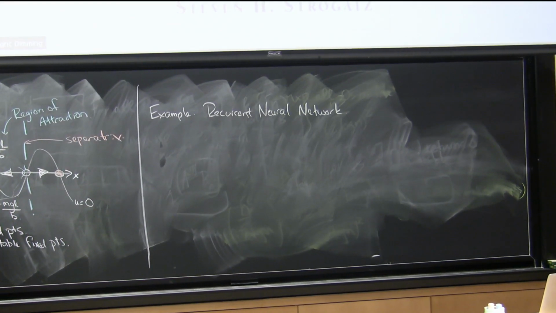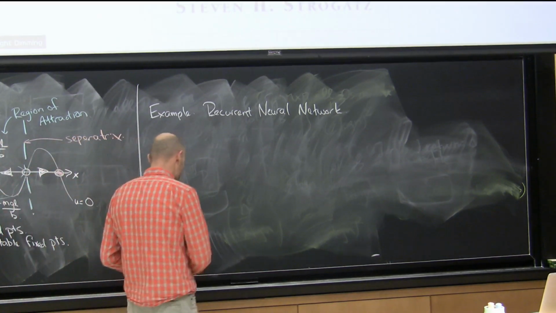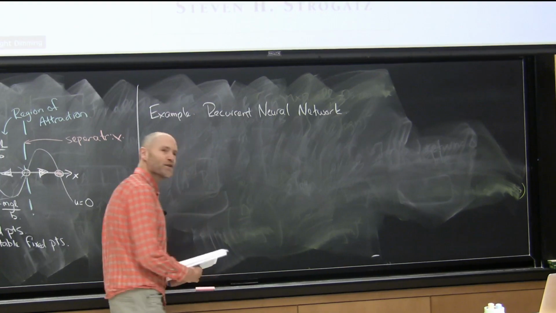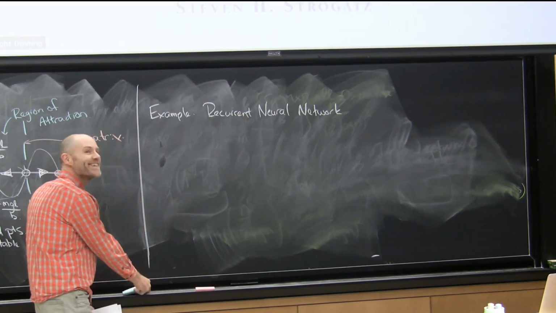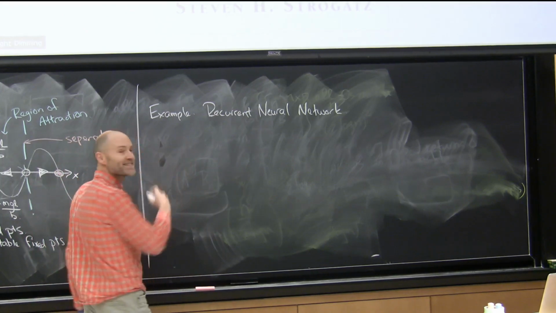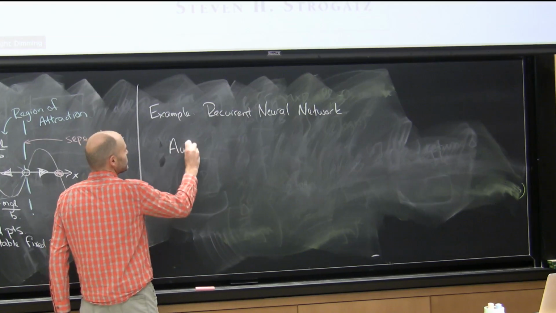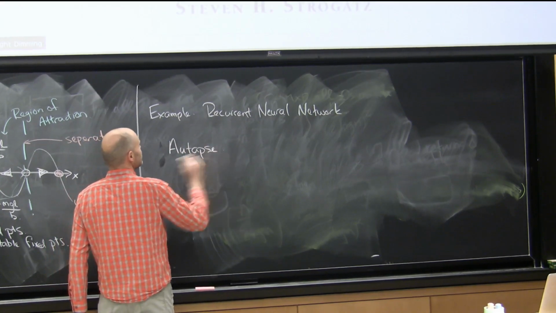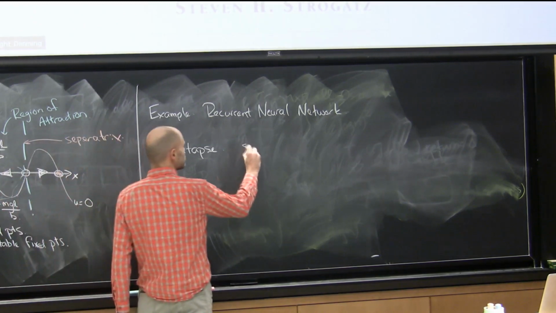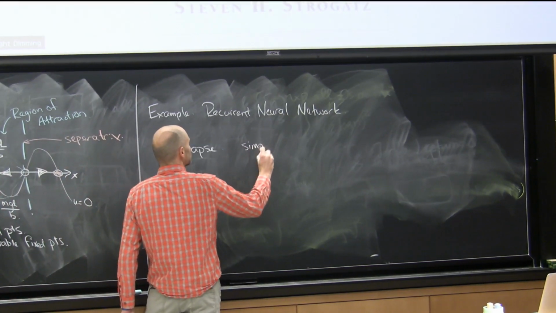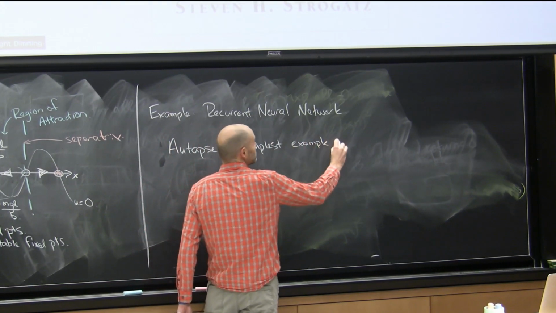But we're going to understand it. And it's actually real. So how many people have heard of something called an autopsy? Yeah? Okay. He took the lecture last time. All right, so autopsy is sort of the simplest example of recurrent neural networks in biology, okay?